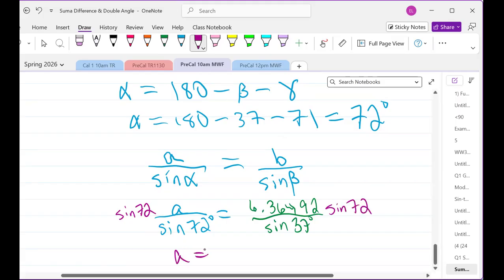And that's what I type in for side A. So I've got the 6.36492 times the sine of 72. I've got to make sure to close the little parentheses before I divide by the sine of 37.